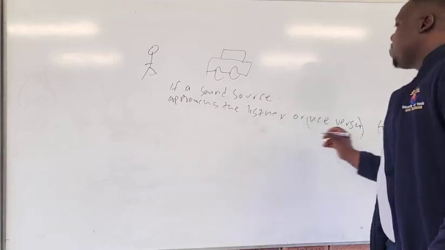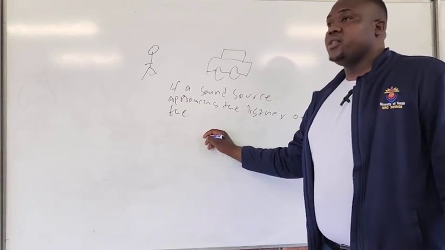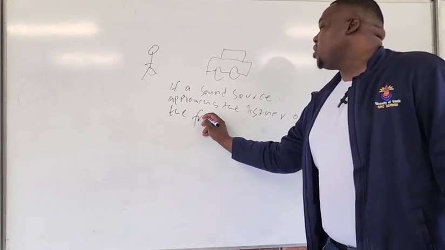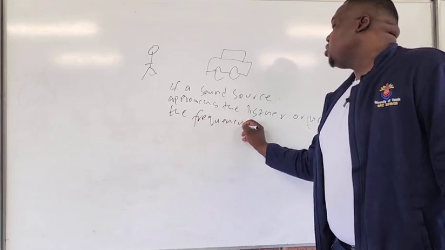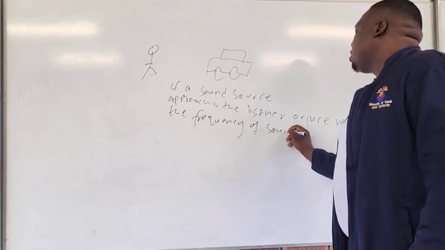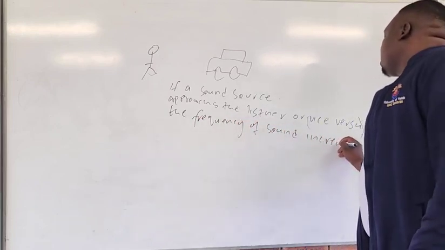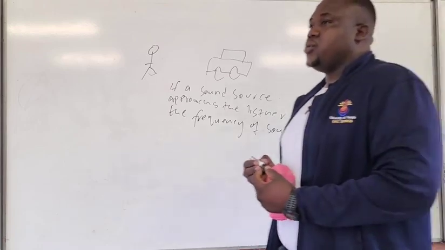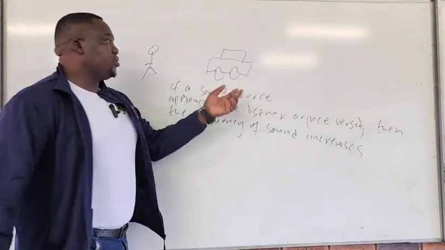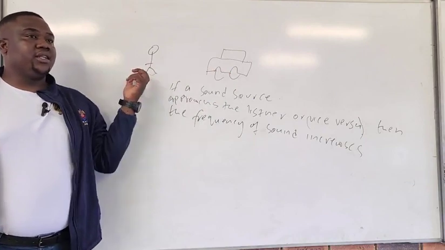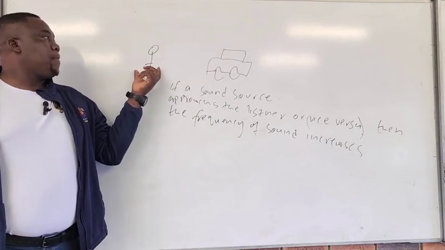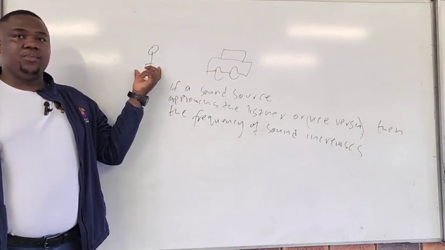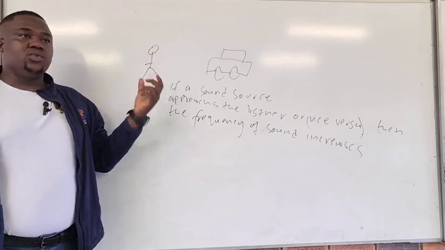Then the frequency of sound increases. What do we mean? If this sound source approaches the listener, the frequency that this listener is going to perceive or hear is going to be high.